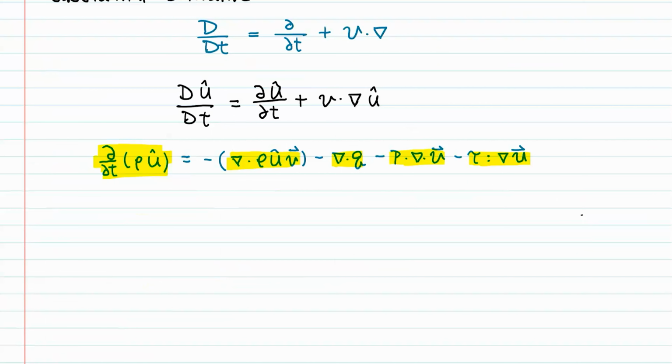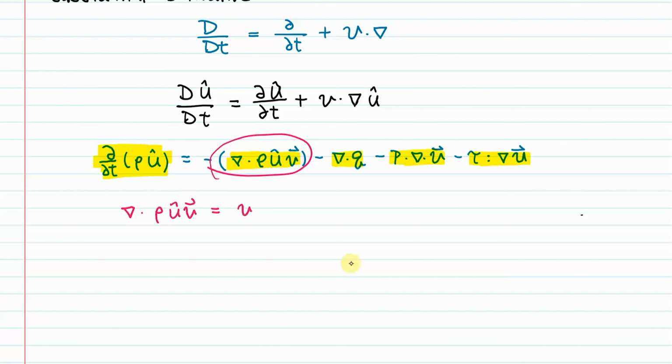First, let's look at our convective transport term. We can actually decouple these 2 terms. The convective transport, the divergence of rho u v, can be decoupled.